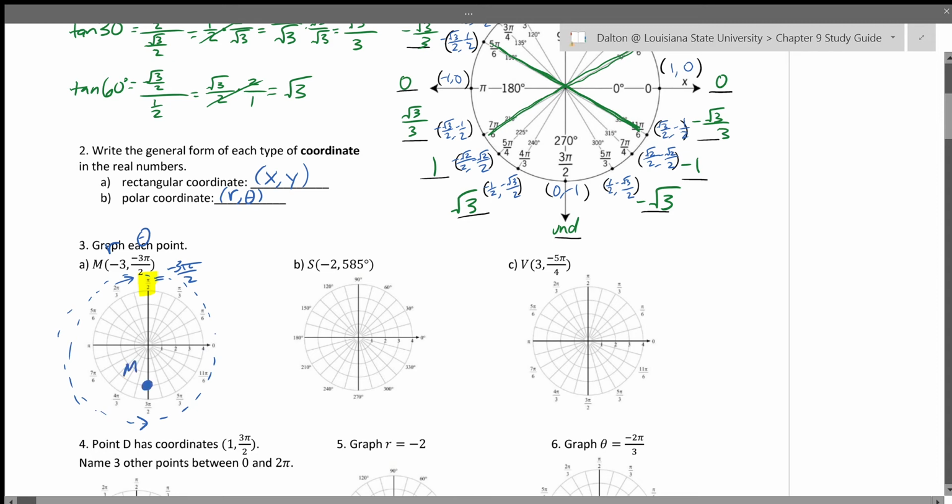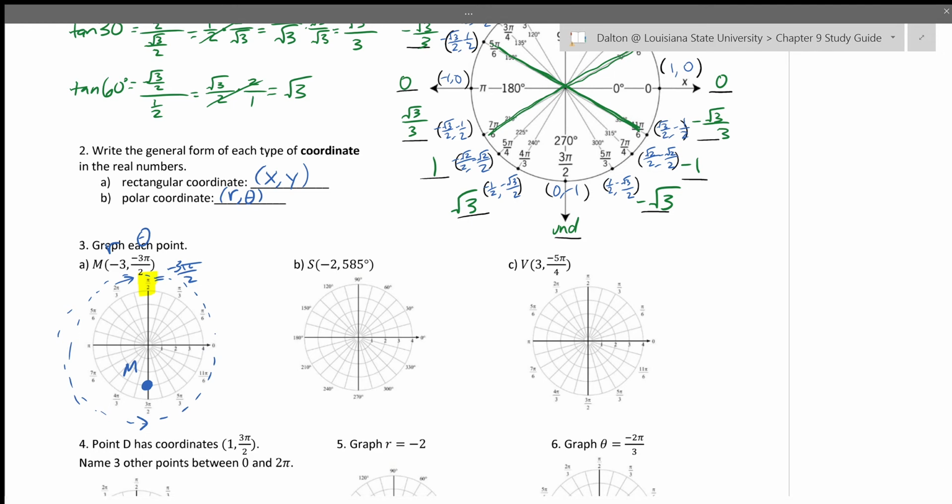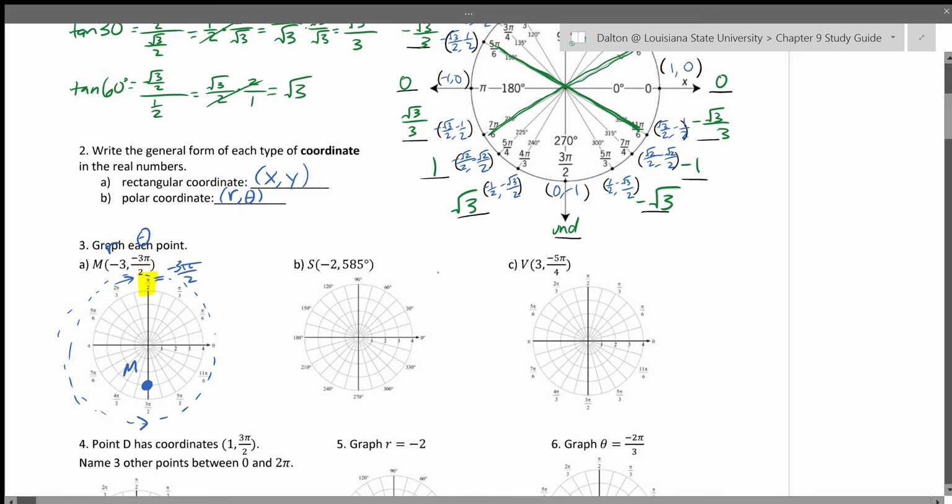Part B, 585 degrees. First of all, notice, 585 is not on our unit circle. So the first thing we want to do is take 585 minus 360, ends up with 225. Well, 225 degrees is not on the unit circle per se, like we don't see that number, but it's actually going to be between 210 and 240. So that's going to be 225.